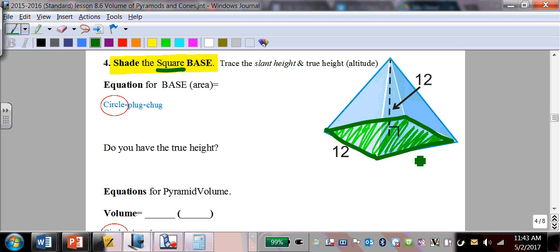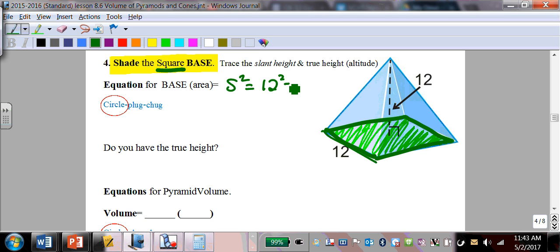Zach, how do you find the area of a square? Square. Take one side. Okay, side squared.